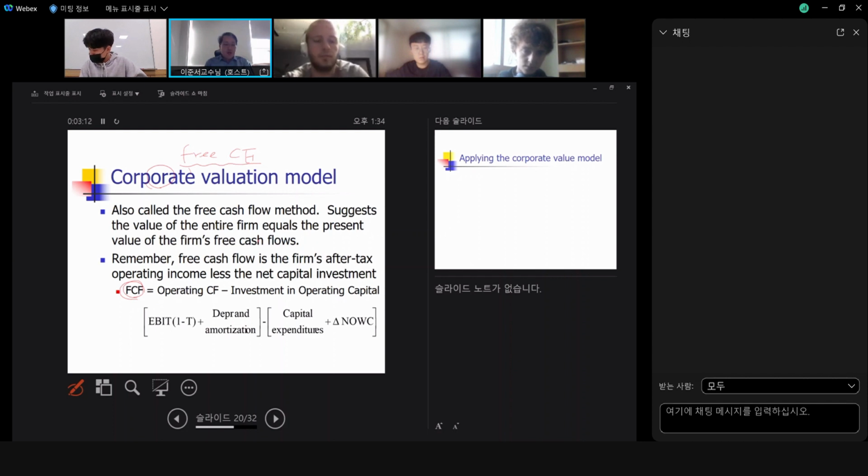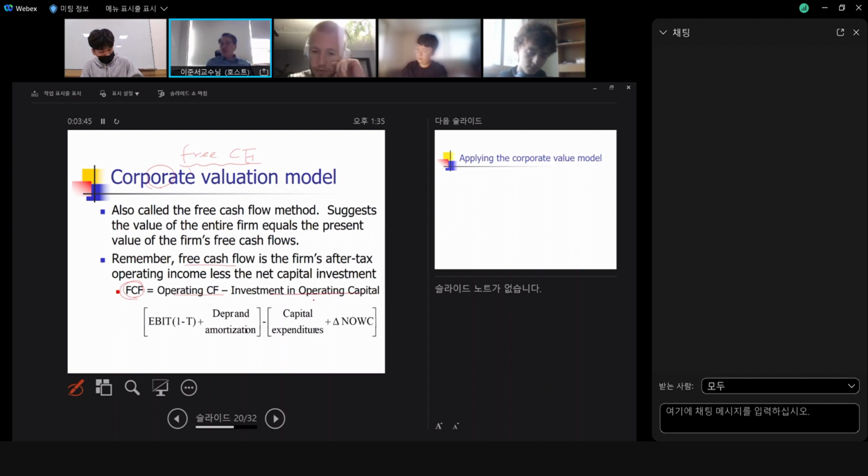Free cash flow is, as I told you, just the disposable cash flow that we can use without any limitation. I already introduced the equation: free cash flow is the operating cash flow minus investment in operating capital.